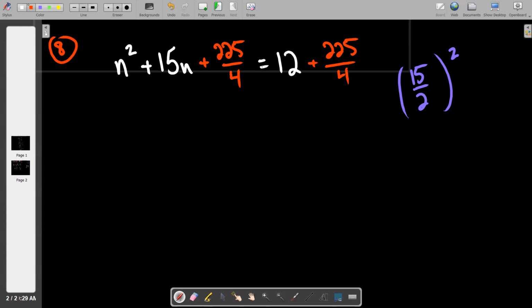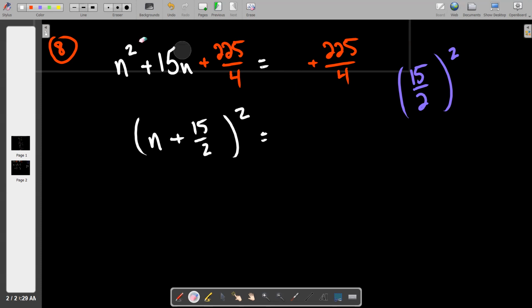Let's factor. What does the left side become? What do we do with this number 12? 48 over 4.